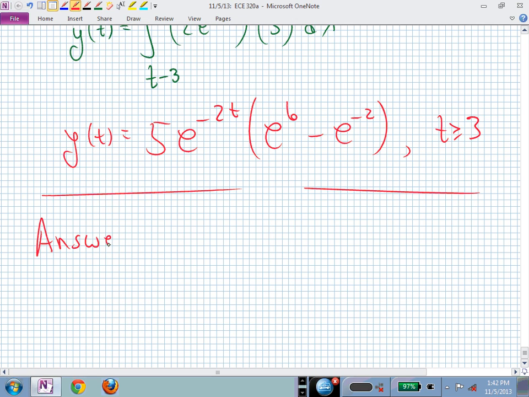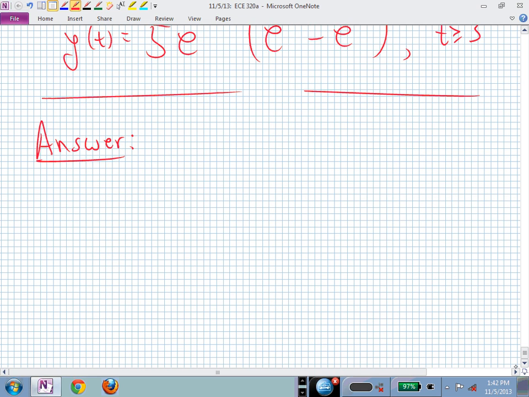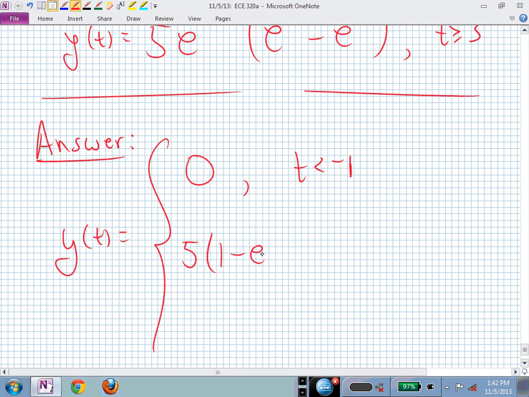Now we can simply combine these three parts to produce our waveform, or the output response functional values. The output was 0 whenever the input hadn't yet been applied, t less than minus 1. We then had a functional form of 5 times 1 minus e to the minus 2 t plus 1.